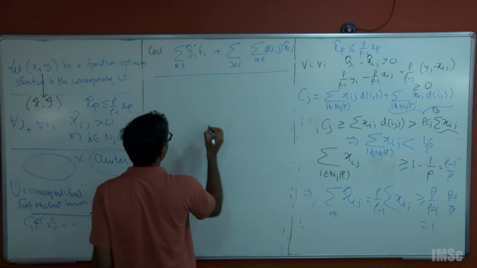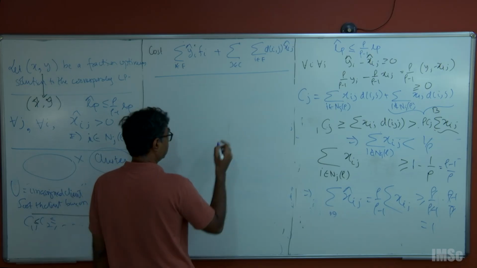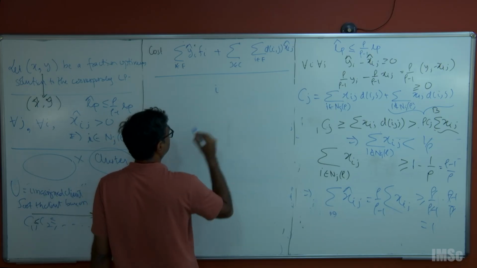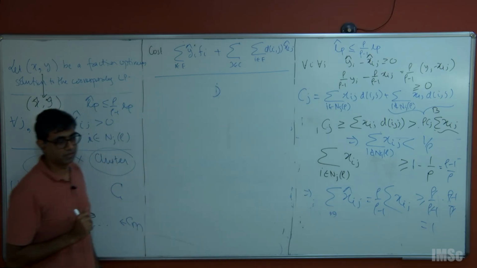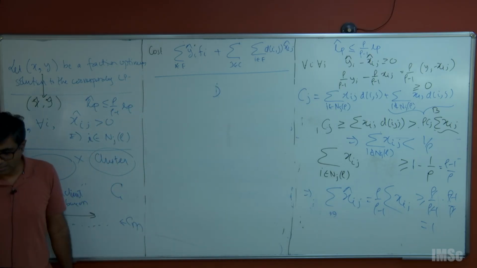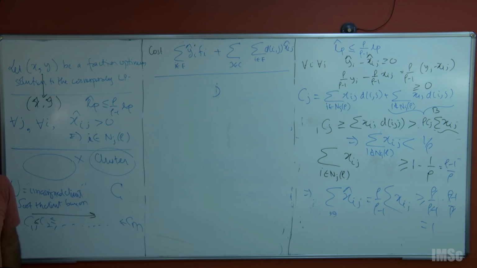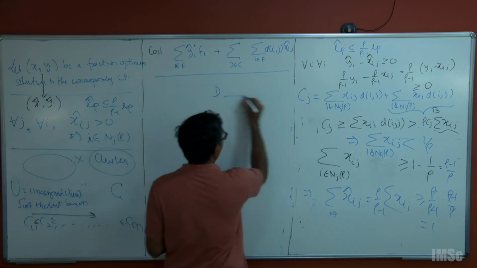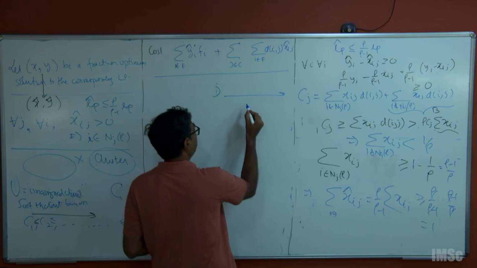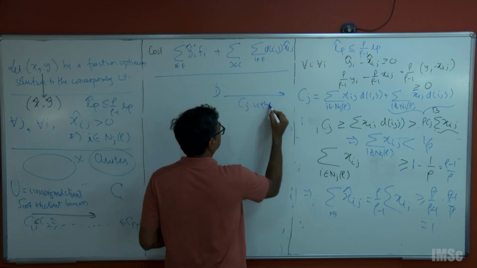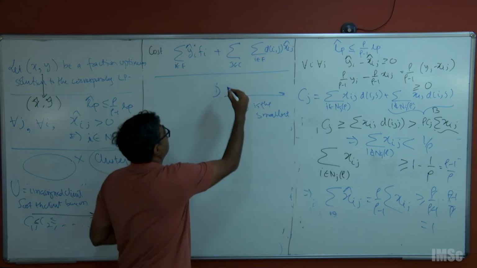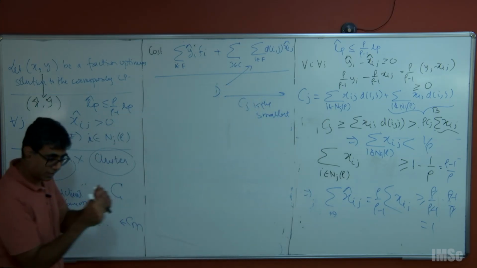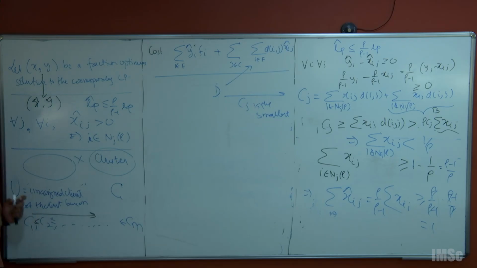Suppose at some point of time some client j has come which has not yet been assigned. Among all the clients that are uncovered, what is the property? That Cj is the smallest among the rest, right? This cost is the smallest among the rest, because we are following this order.